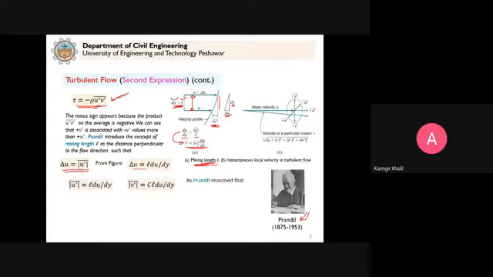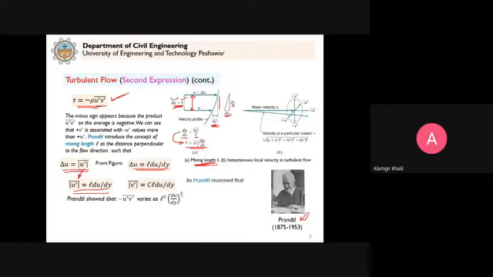So now delta u is equal to L into du by dy, and from this equation here again we have u dash bar equal to L into du by dy. So this is the value of u dash bar.